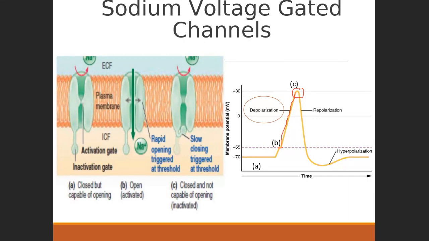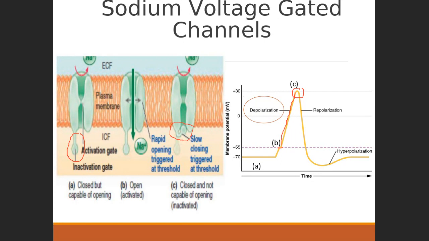At plus 30, the sodium channels close again. And they don't just close. Boy, they slam shut. And they even have an additional protein called an inactivation gate. So not only does that channel shut, it locks the door as well. Once that inactivation gate is closed, there's a certain period of time when that sodium channel cannot be opened again.